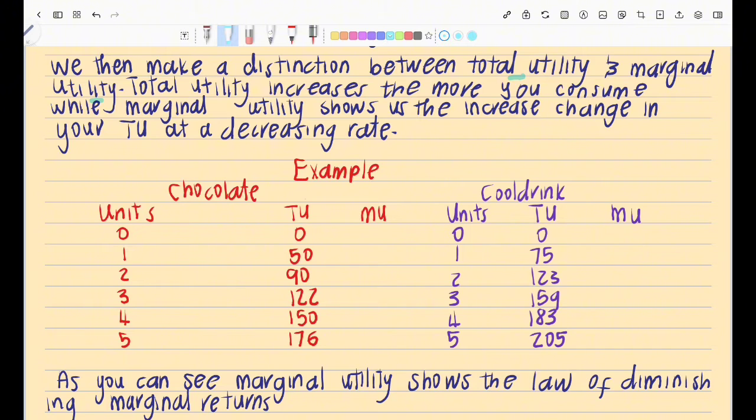If I'm eating a good that I like, for instance, let's say I buy ice cream, because I love ice cream, I want to consume as much ice cream as I can, so my total utility is going to increase. However, my marginal utility shows the change in the total utility. As total utility increases, there's going to be a change, and that change is called marginal utility.